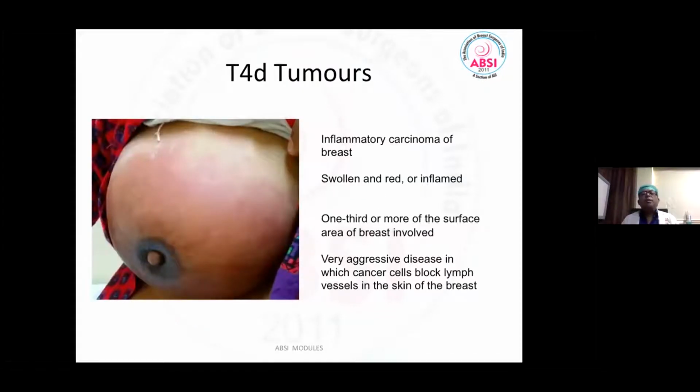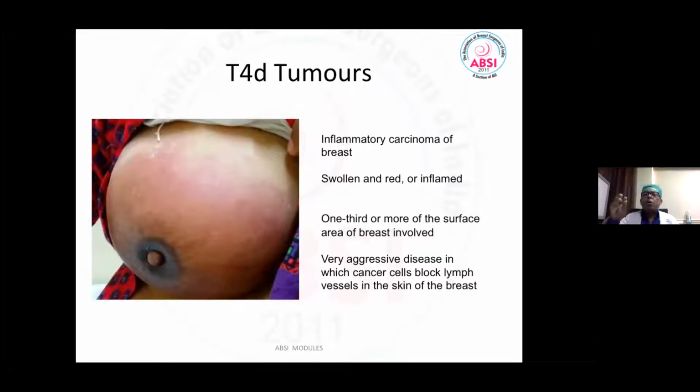Now again, the trainees need to understand that there can be peau d'orange present in many patients. But when you have a patient who presents with inflammatory signs, that is redness, number two, you do not find a well-defined lump, and number three, you find that there is peau d'orange which involves at least more than half of the breast, then it comes out as an inflammatory carcinoma.